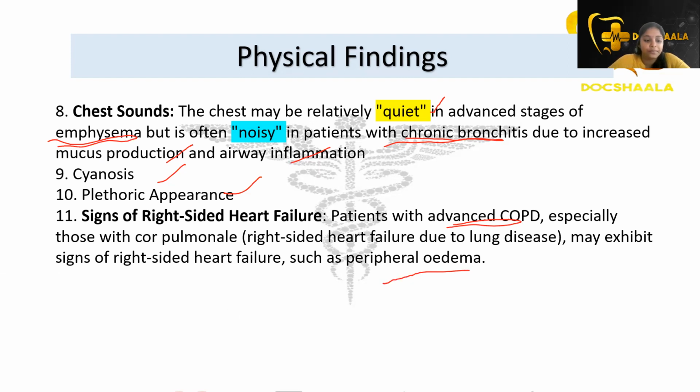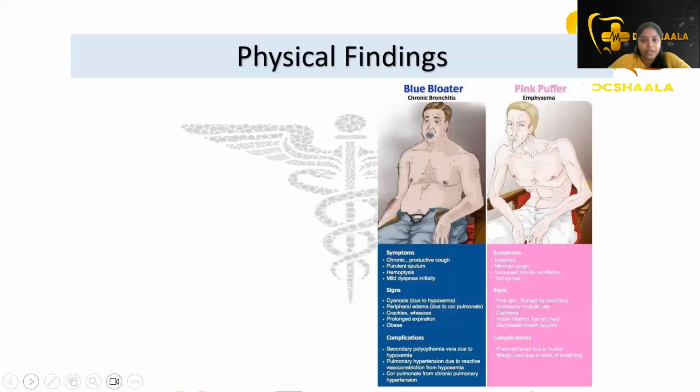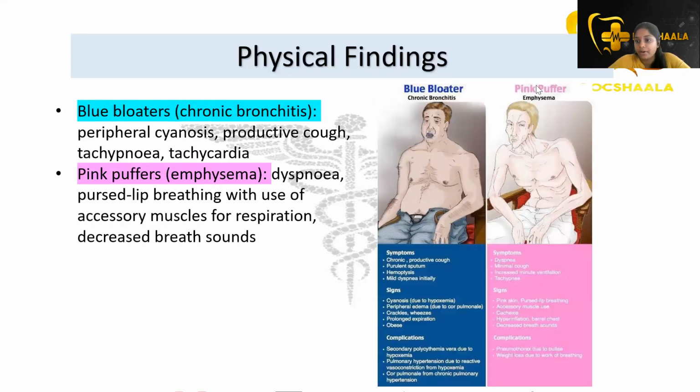Okay, then physical findings. The most important physical findings which you have to remember is that the patient may present either as a blue bloater, where chronic bronchitis is dominating in this patient with COPD, or a pink puffer, where emphysema is dominating.